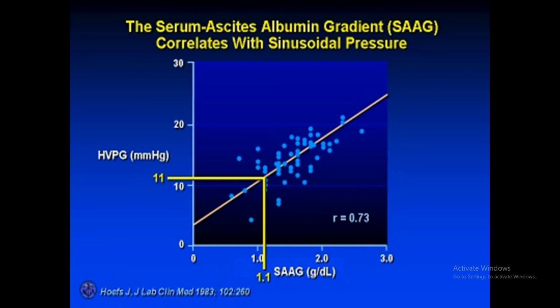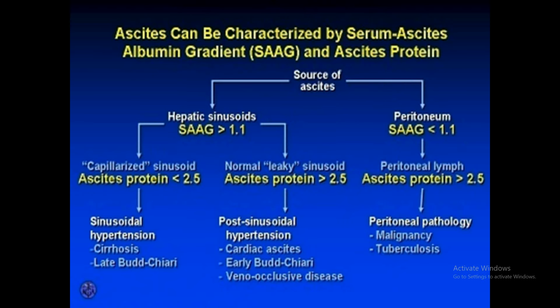If it is 1.1, it is the borderline, you cannot say whether it is transudate or exudate. If it is more than 1.1, it means that transudate occurs. If it is less than 1.1, it means that it is exudate. It is infective phase. Remember and repeat it. More than 1.1, transudate. Less than 1.1, exudate.